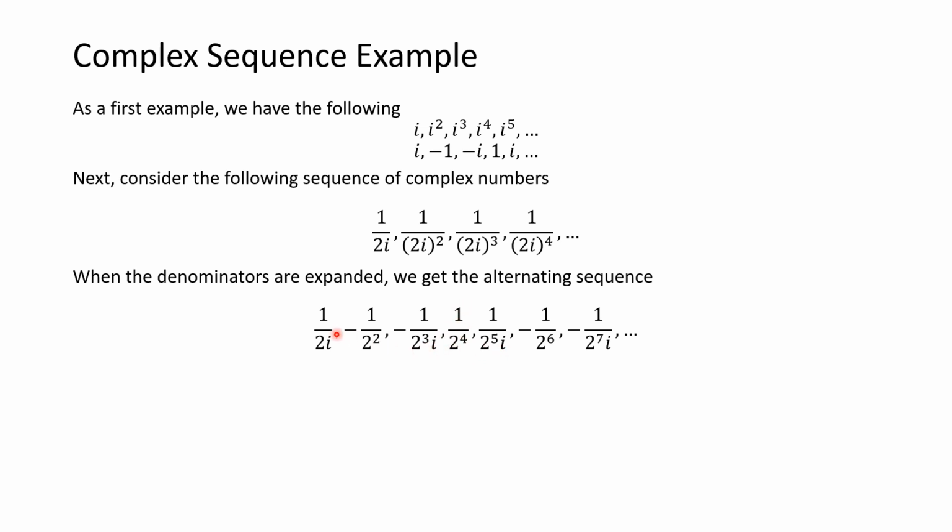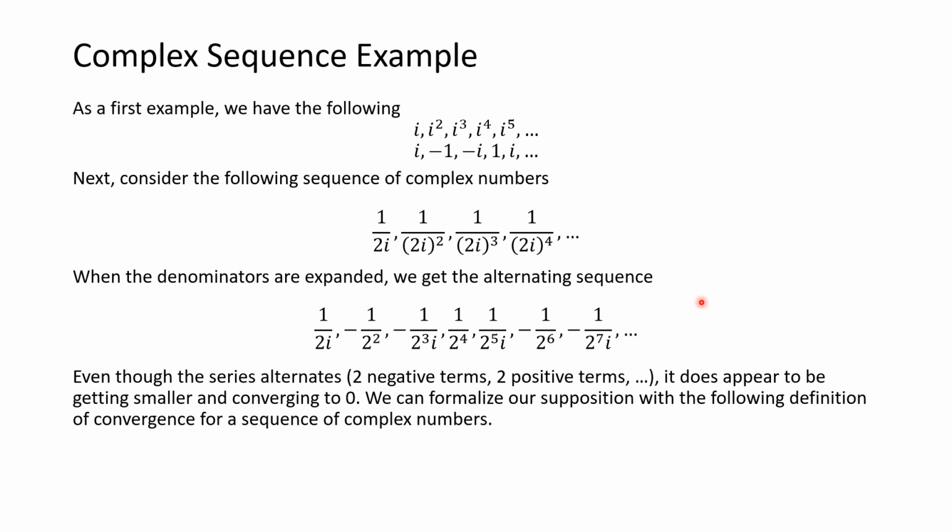And the i, minus 1, minus i, and 1, that part of the sequence repeats, but then you have this power of 2 that gets smaller and smaller. So even though you have some alternation in terms, the values get smaller and smaller. So this appears to converge to 0, which it does, and as I say, we'll formalize this in the next slide.